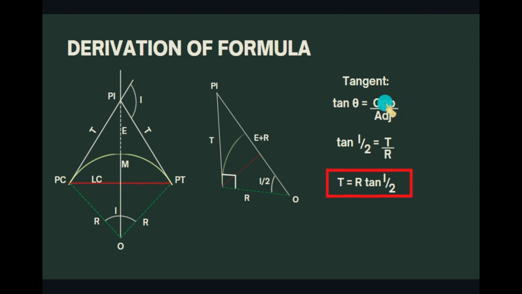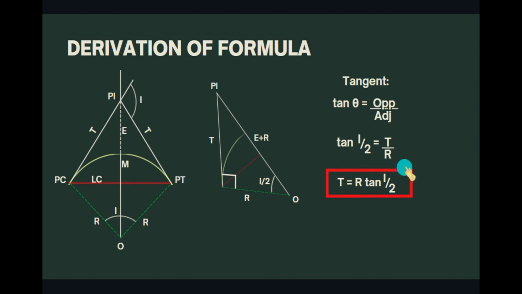In this case, the tangent of our angle here is tan I over 2, which is equal to the opposite, which is T, over the adjacent, radius R.